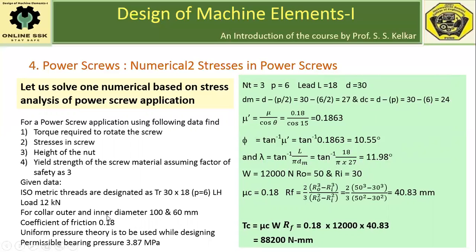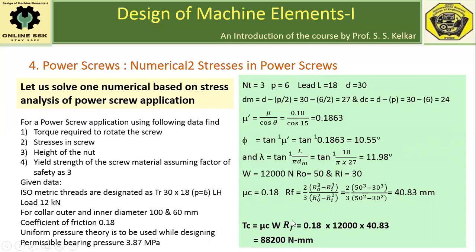Because they have specified outer and inner diameter, we need outer and inner radii, and the values for those are, for RO 50, for RI 30. They are asking us to use uniform pressure theory, therefore in the formula of TC we need to use mu c W RF.